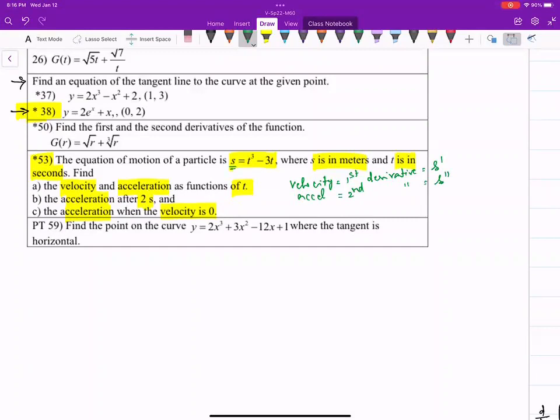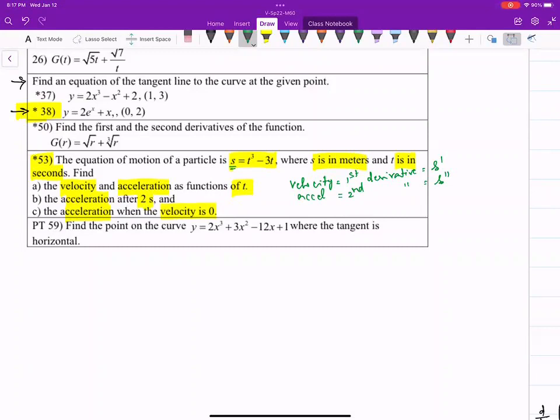Function s is a function of t. The distance is in terms of t. s is the distance function and t is the time. s is measured in meters, t is measured in seconds. So that is the first part.